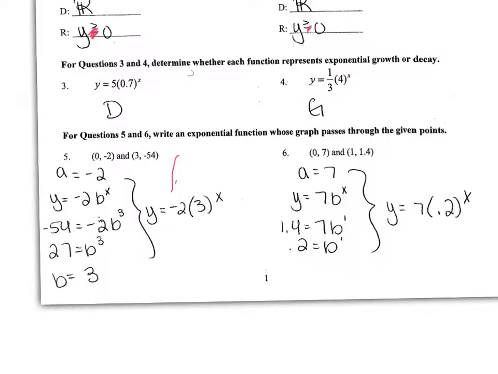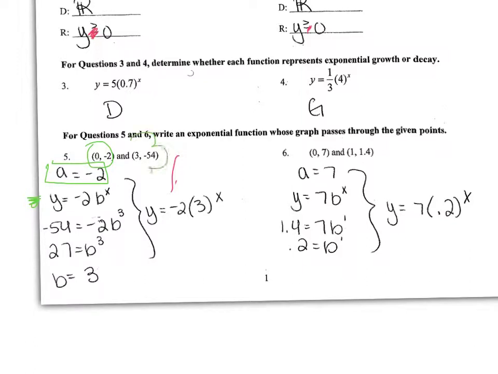Next, I would like to talk about number 5 and 6. You are given the a value just from looking at that right there. That gives you the intercept, so you know your a value is -2. From there, you can plug it into your basic equation, y equals a times b to the x. So I plug my a in.